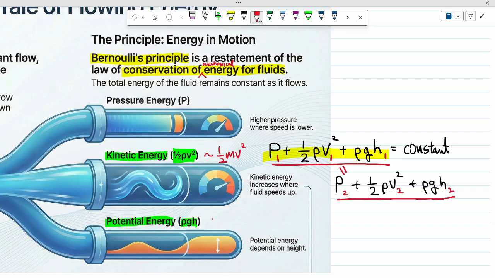And for gravitational potential energy, we looked at mgh. And so I hope you can see how there's that resemblance, that this is the fluid version of kinetic energy, and this is the fluid version of gravitational potential energy.